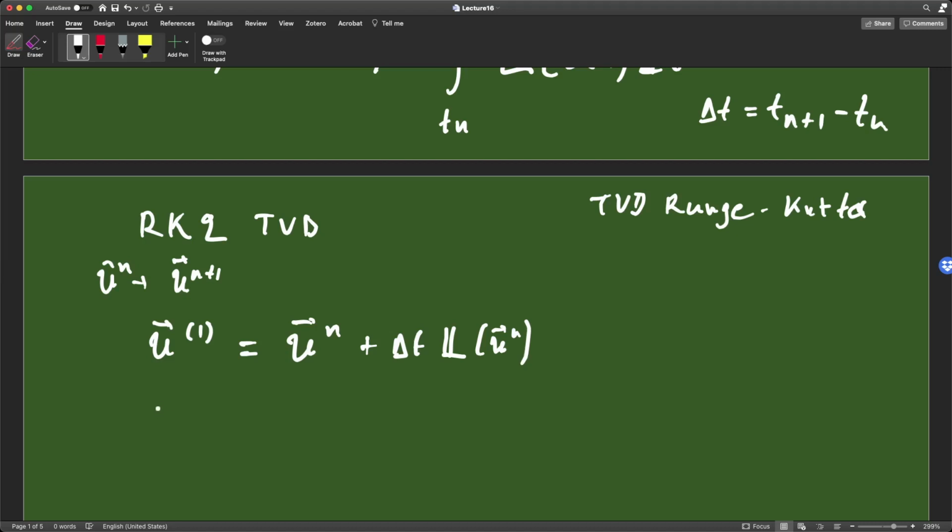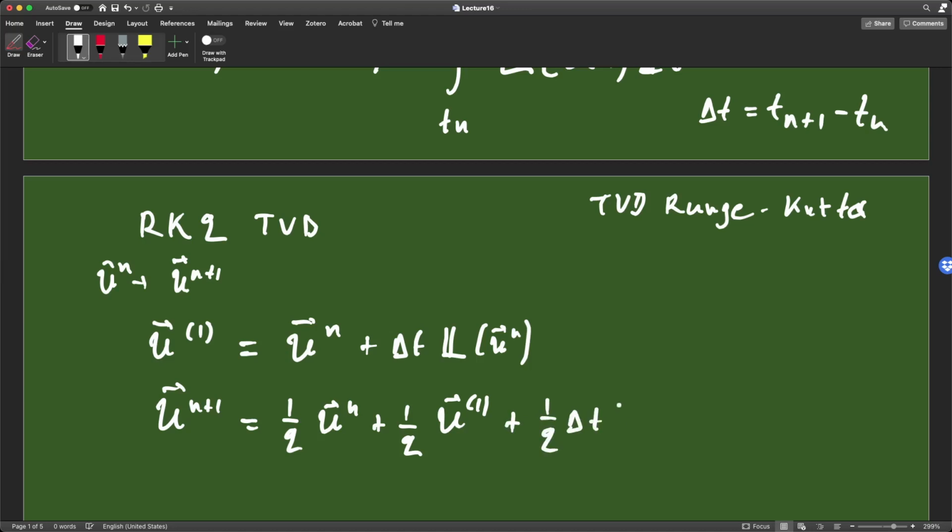And then the next step, un plus 1, is given by 1/2 un plus 1/2 u1 plus 1/2 delta t L, that's the operator L, u1.